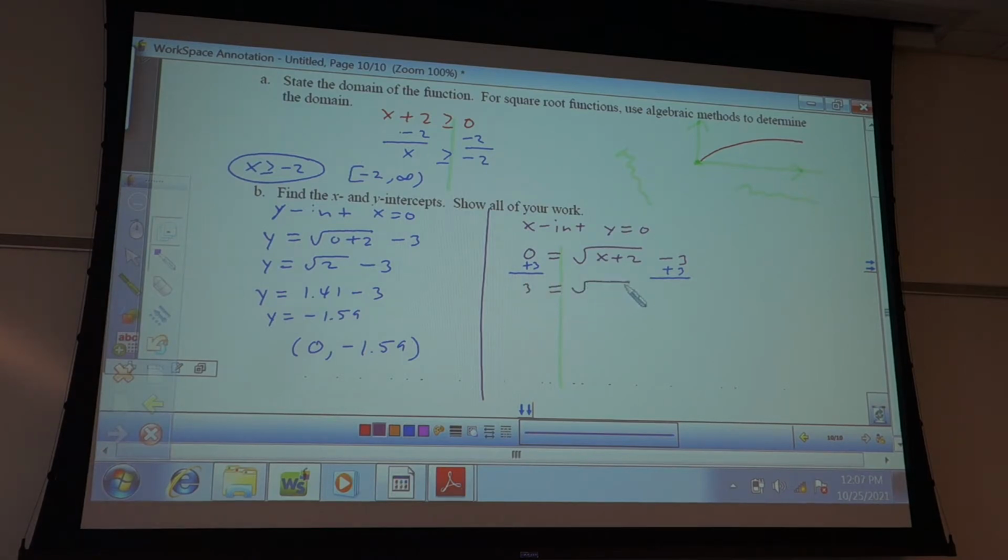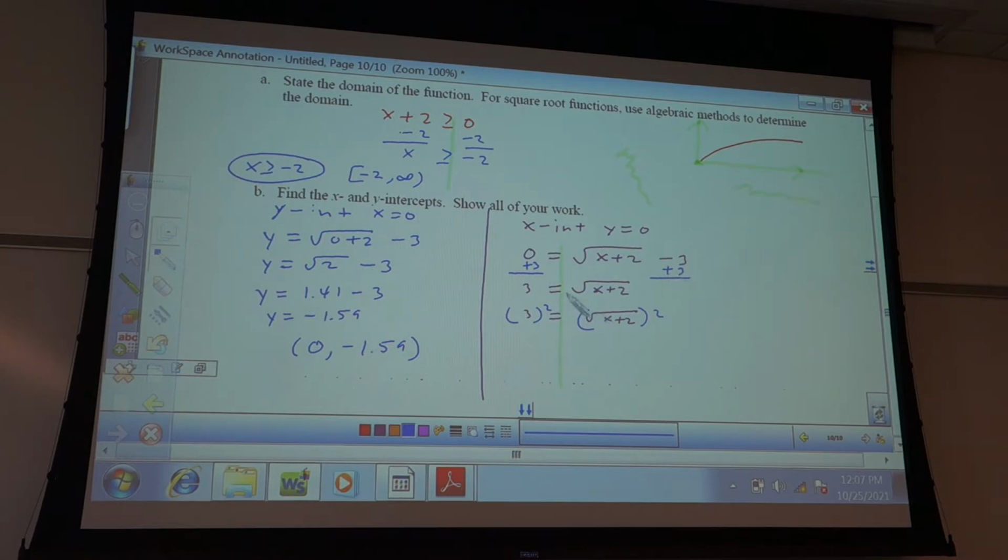When you have a square root like this, if it was cubed, then you would multiply something 3 times to get what's inside. So we have to square both sides. For the x-intercept, y equals 0. Put in 0 for y.